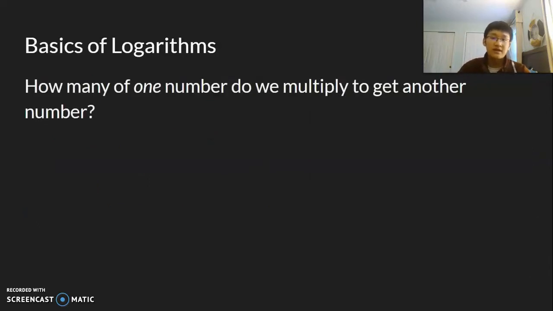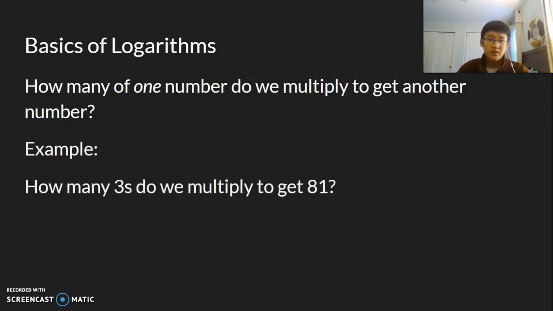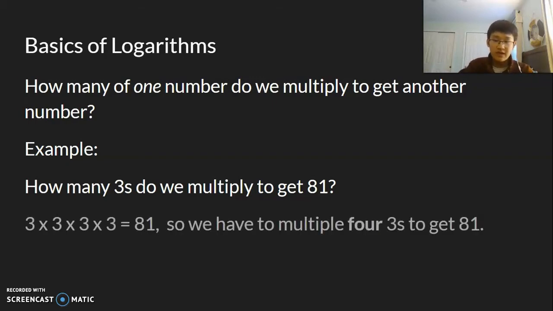Let's say I ask you, how many of one number do we multiply to get to another number? For example, how many 3's do we multiply to get to 81? To solve this, you would think, how many 3's can you multiply by each other to get to 81? Ultimately you would get 3 times 3 times 3 times 3, which equals 81. If you do it in your head, 3 times 3 equals 9, 9 times 3 equals 27, and 27 times 3 equals 81.